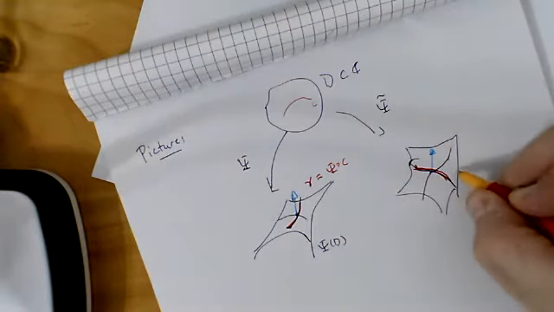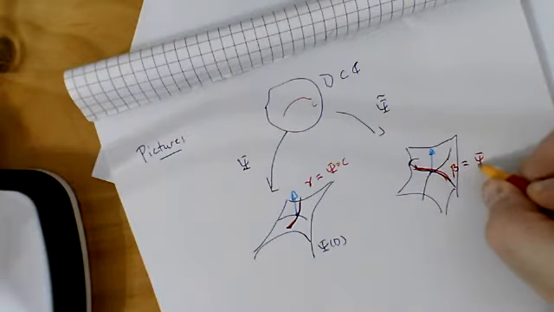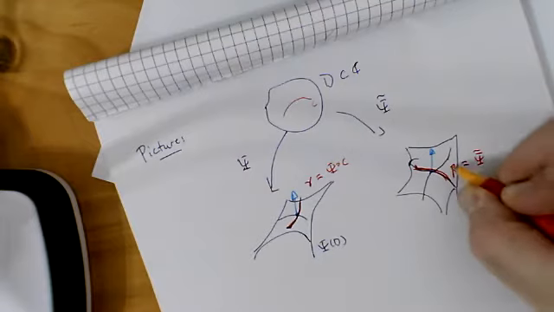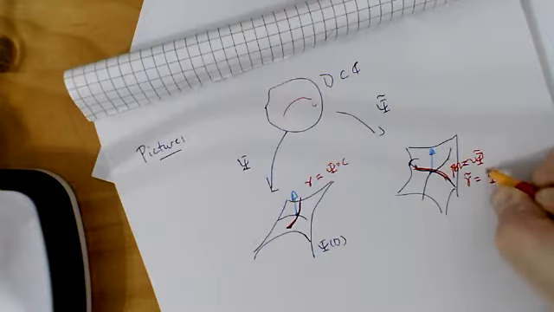Let's call it gamma tilde, which is psi tilde composed with C.